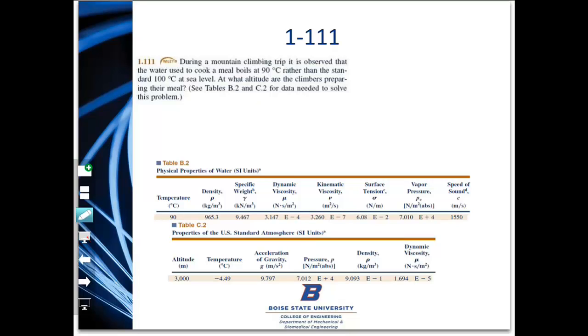So here we have to know the fact that as the water begins to boil, the boiling pressure will be equal to the vapor pressure.